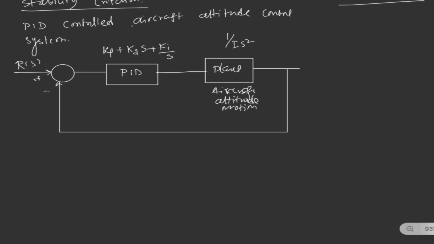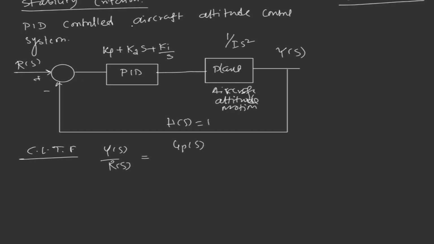Now, if you want to find the closed loop transfer function CLTF, we are going to have Y(s) by R(s). Here we have assumed H of S equal to 1, unity feedback.